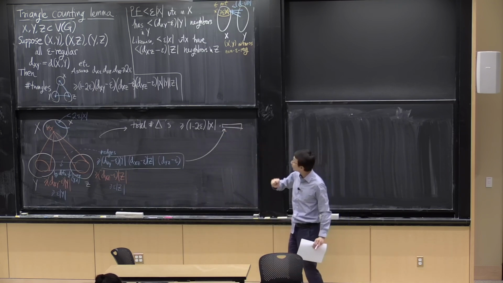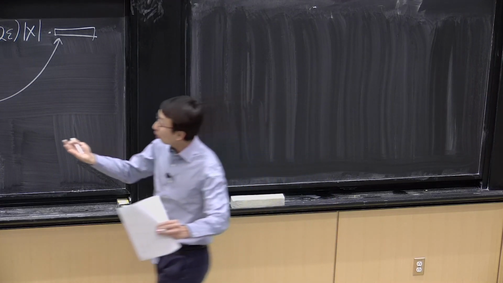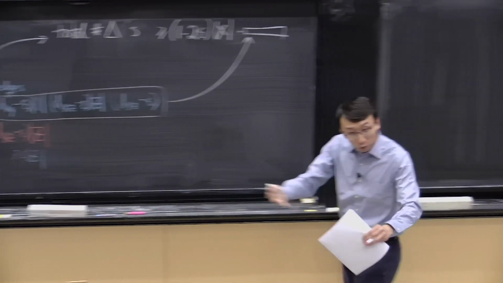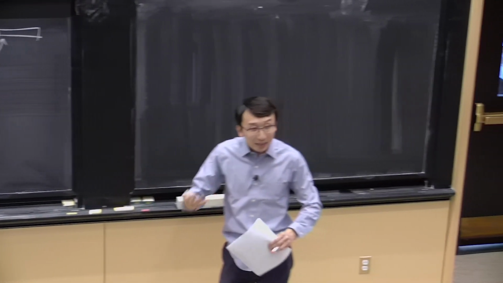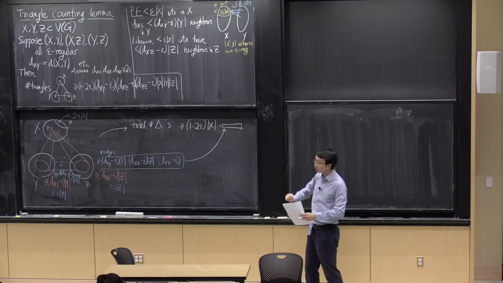Okay, so we find the statement up there. Right, so this calculation formalizes the intuition that if you have epsilon regular pairs, then they behave like random settings when it comes to counting small patterns, namely that of a triangle.